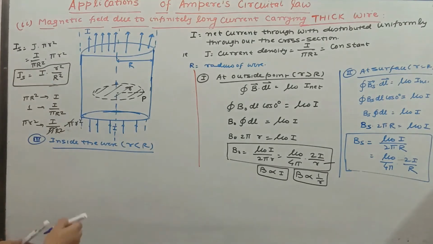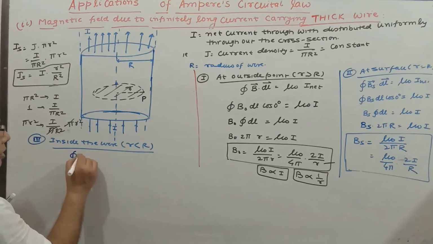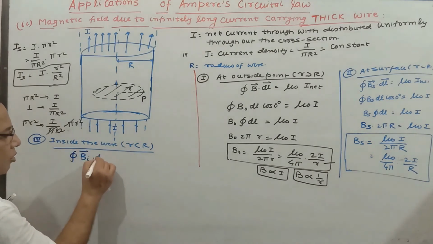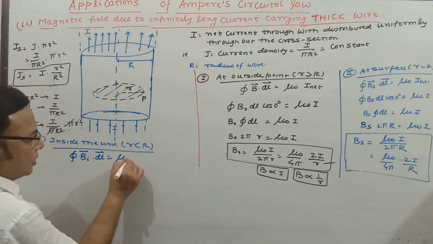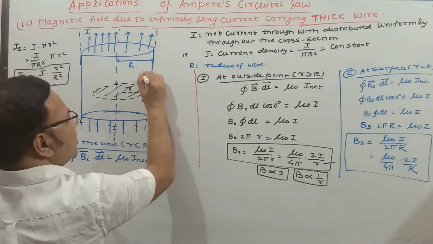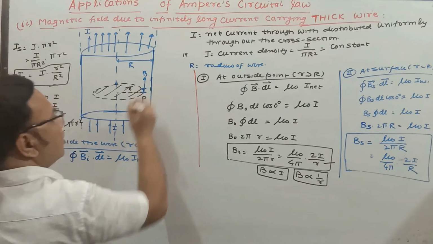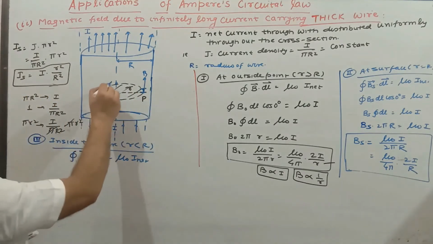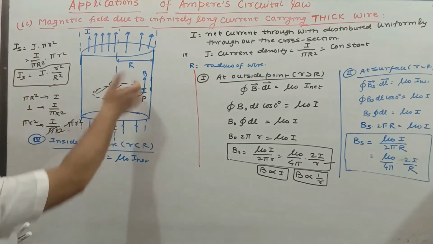So here what we see is, using the integral of Bi dot dl is equal to mu naught times net current. Here the magnetic field is once again in the same direction, and dl is also the same. We are not going to change the orientation or direction of traversal, no change at all.